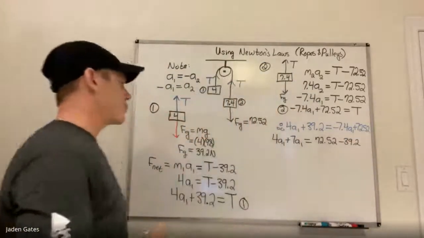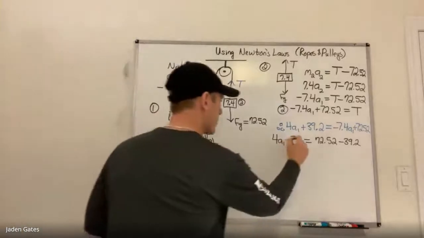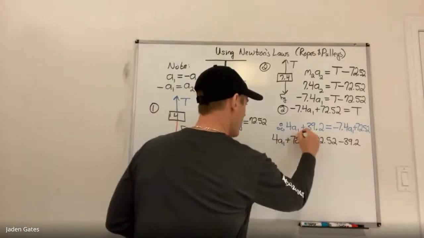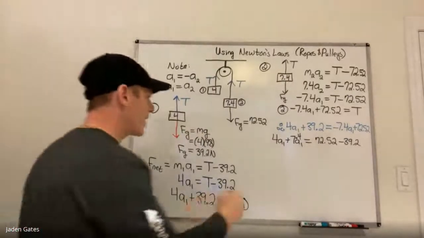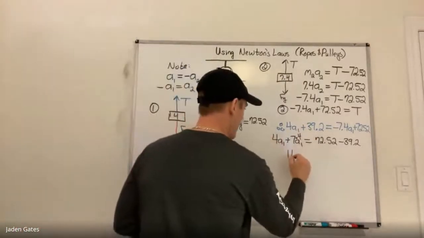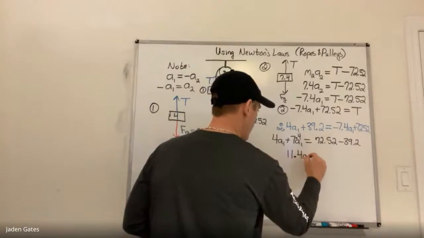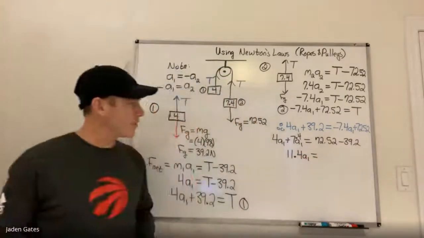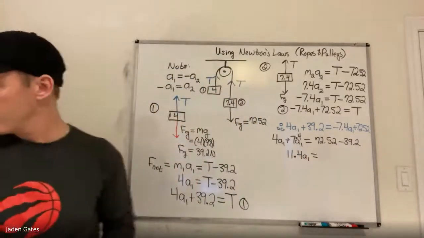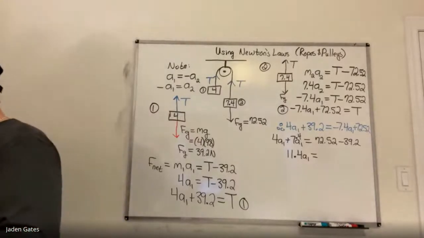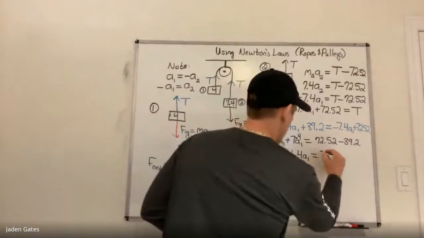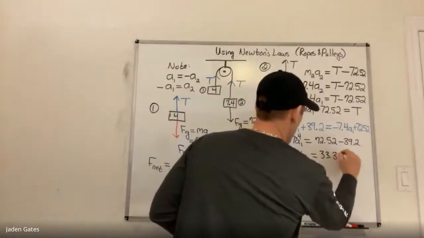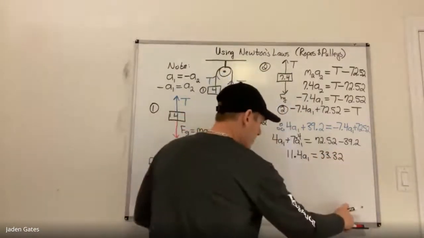All right, so now I'm just simplifying. I put the A1 terms together, I'm going to get an 11.4A1. Let's see, I subtract those numbers. I'm going to have to use my calculator here. And I end up with 33.32.